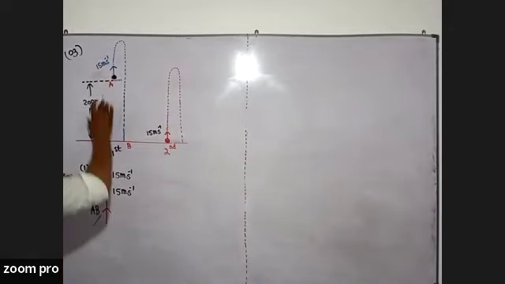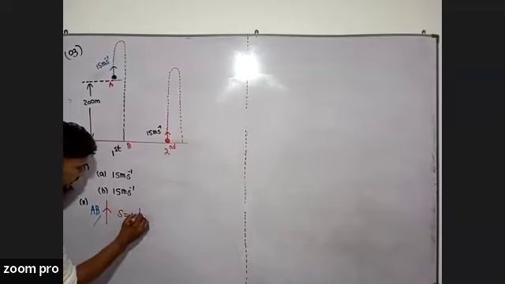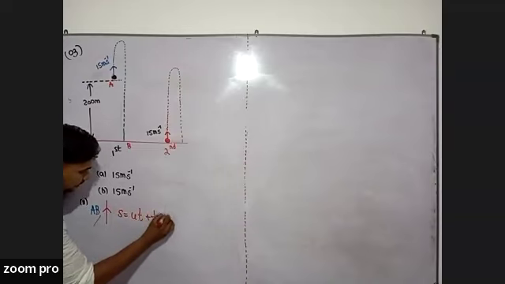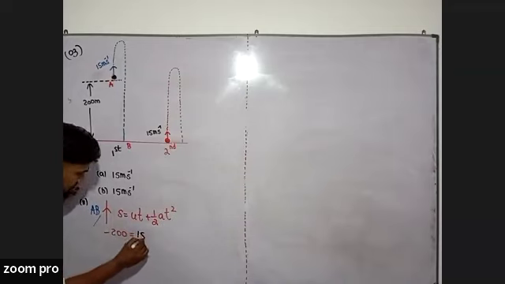And you are given a displacement value and asked about the time, so it's better to apply x equals ut plus half at squared. Then x should be substituted as minus 200. Right? Keep in mind that. And the initial velocity should be 15.